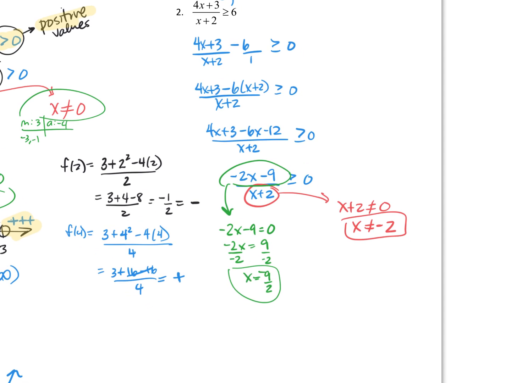Okie doke. This one only has 2 key points. So I have negative 9/2, which is like negative 4.5, so it's over here. Think a second. Now, what kind of circles am I putting on these?